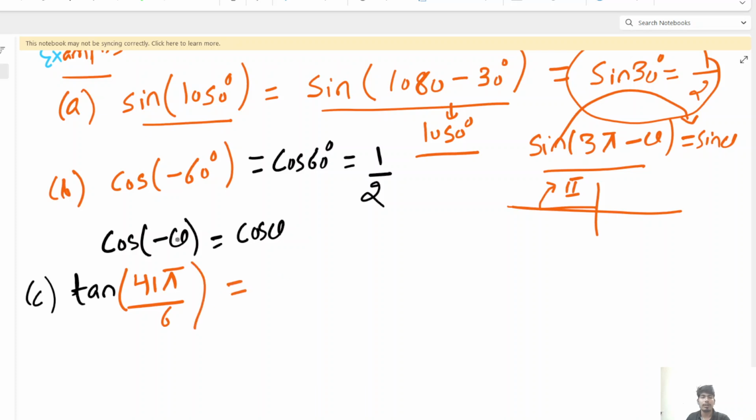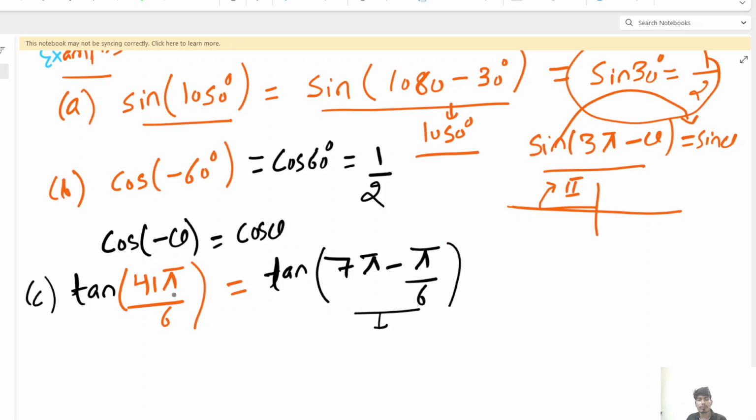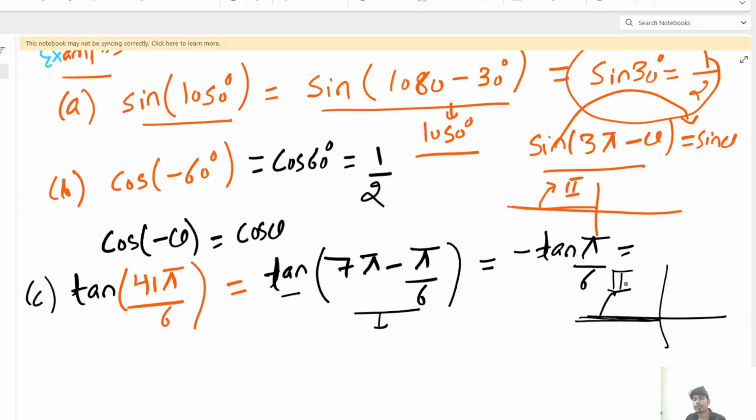Then we break it: 41 pi upon 6 is 7 pi minus pi upon 6, because this is still 41 pi upon 6. Then we know where 7 pi is. 7 pi is here, and this means second quadrant, and in the second quadrant tan theta is negative. Then this is minus of tan pi by 6, and we know tan pi by 6 is 1 upon root 3, so this is minus 1 upon root 3.